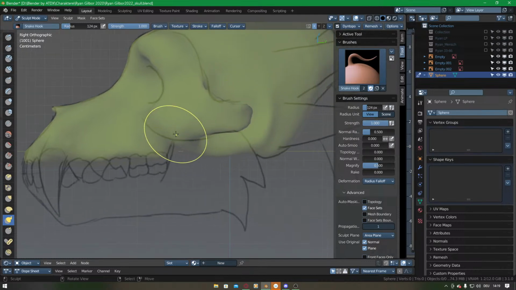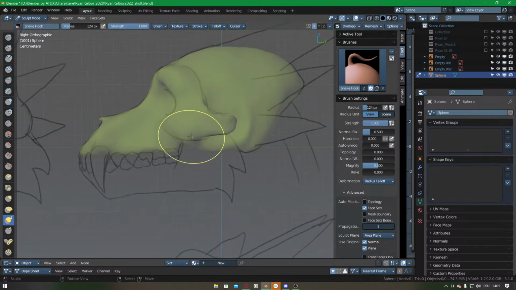I think I placed this line a little bit too far in front. It needs to be more over here, I think. Because if I feel myself, it's behind the eye. More like here. Yeah, I kinda messed that one up, but that's okay.